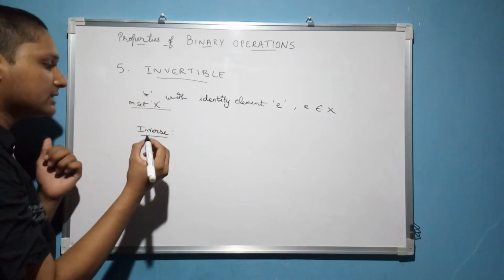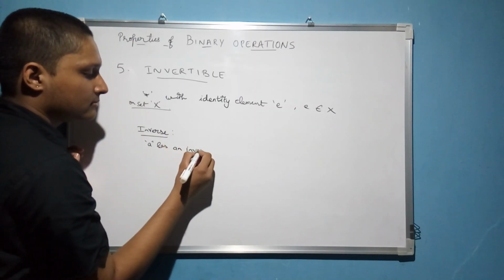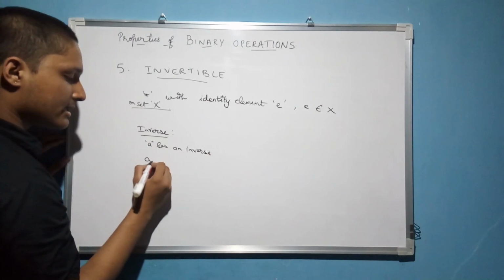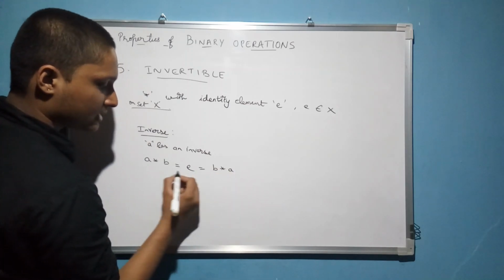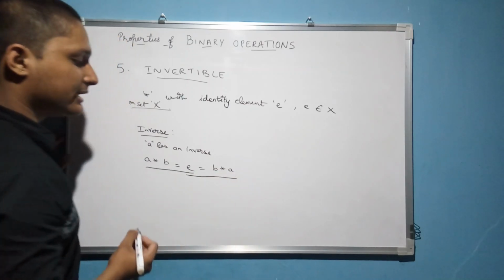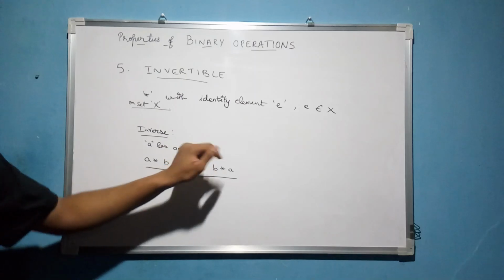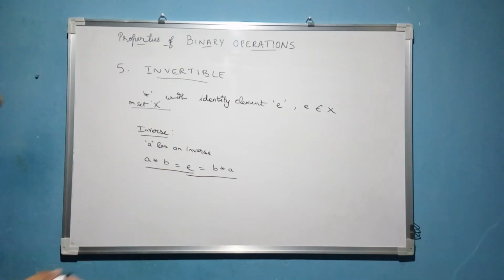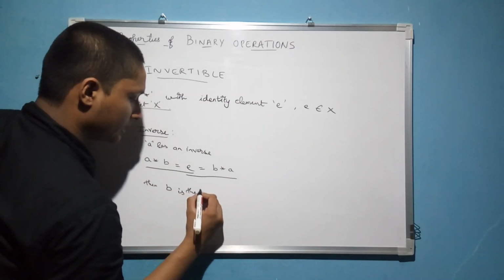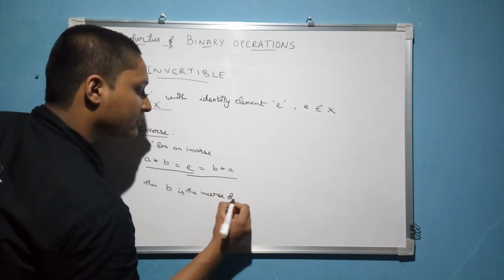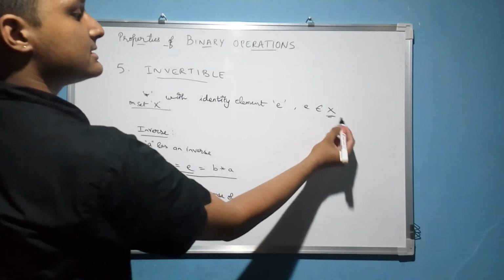If A has an inverse, then A star B is equal to E is equal to B star A. This is a combination of two conditions, as we understood in the previous one also: A star B is equal to E and B star A also should be equal to E. Then B is the inverse of A, the inverse of small a, considering the set as X itself.